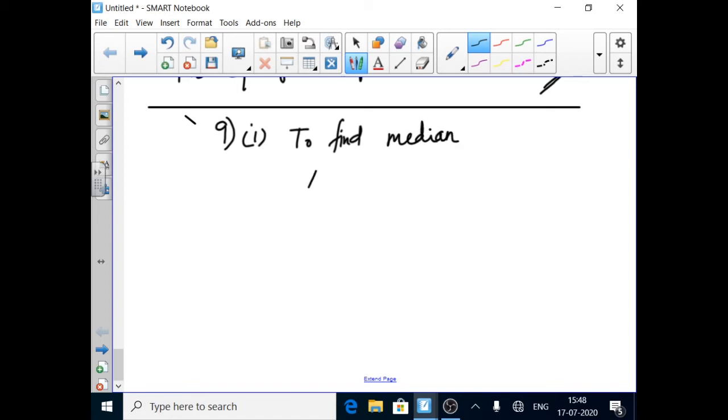So to find the median, here I draw one triangle. I give the names of these 3 vertices: A is 6, 2, B is minus 5, minus 1 and C is 1, 9. So first question, to find the median.